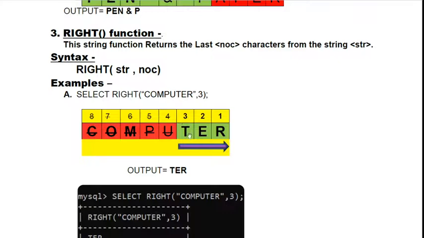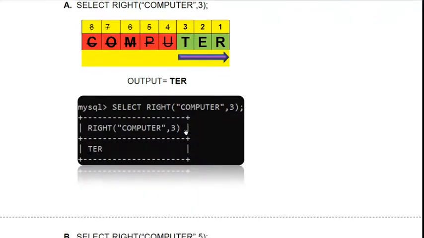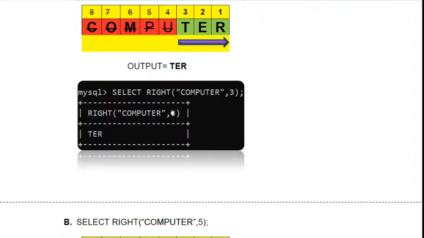When it comes to this place, then it always reads in the right direction. So the first letter in the output is T, then E, then R. TER, not RET. You can see the output in MySQL. TER.